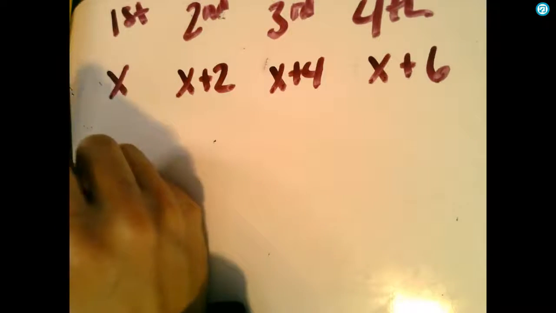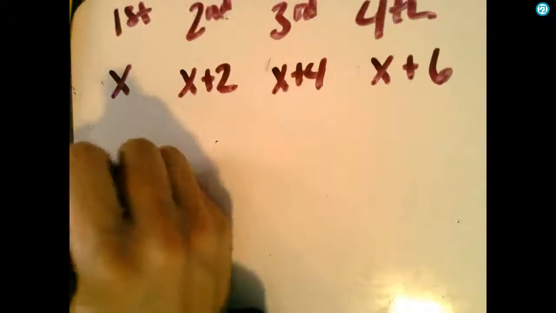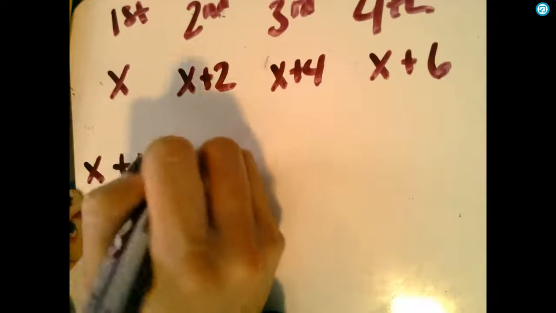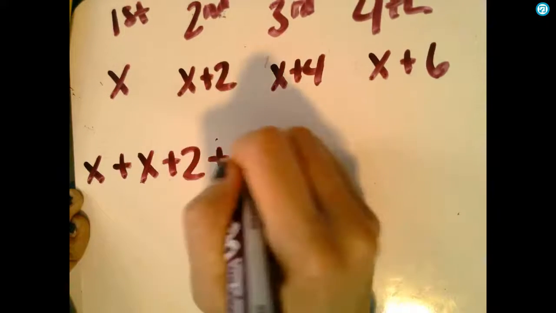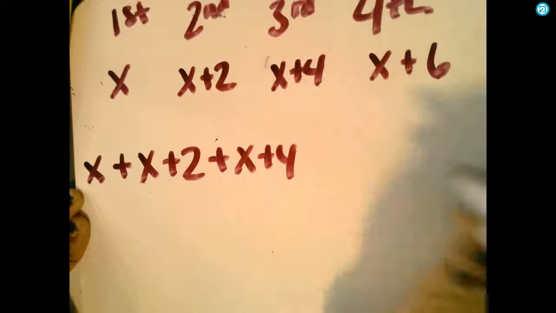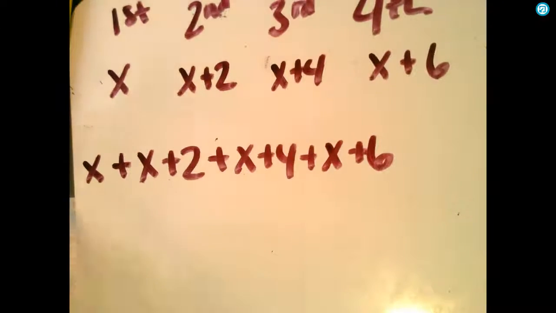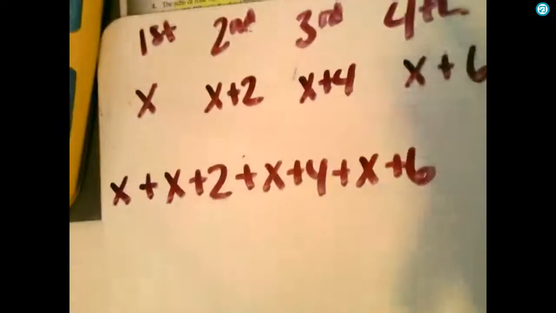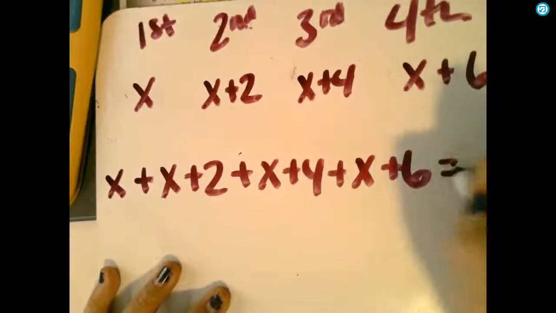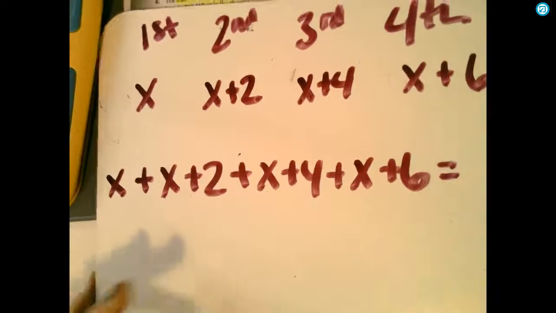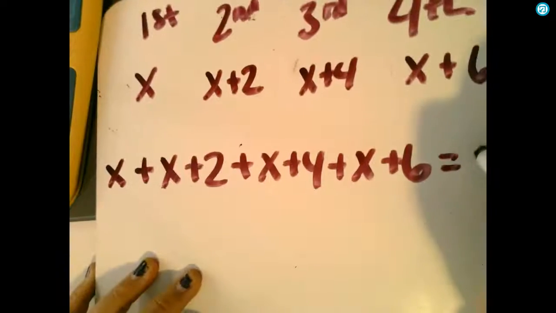So the first number, x, if I add that to the second number, x plus 2, plus the third number, x plus 4, plus the fourth number, x plus 6, all together, we know they equal 212.